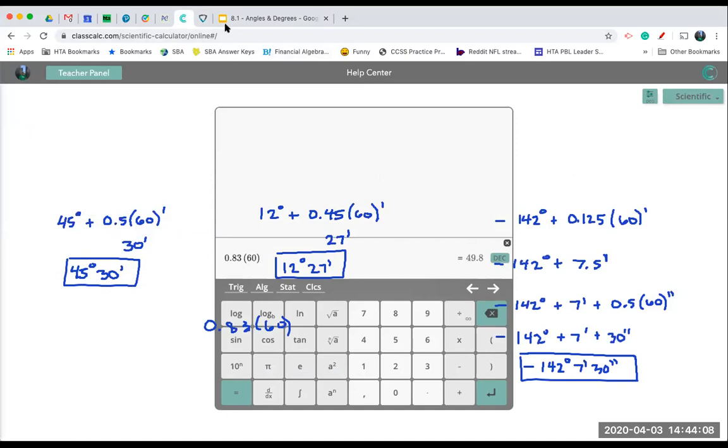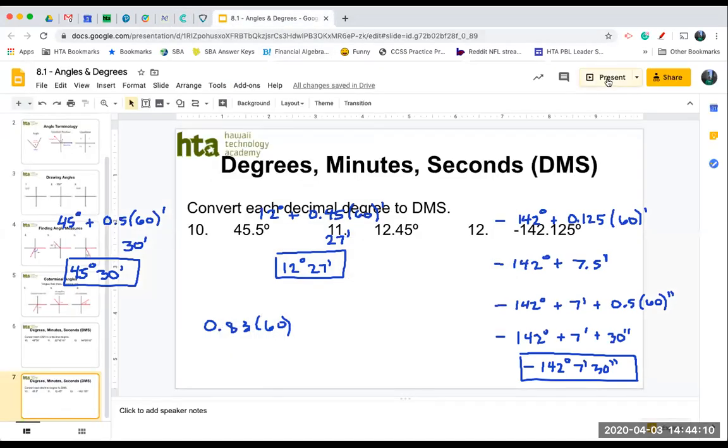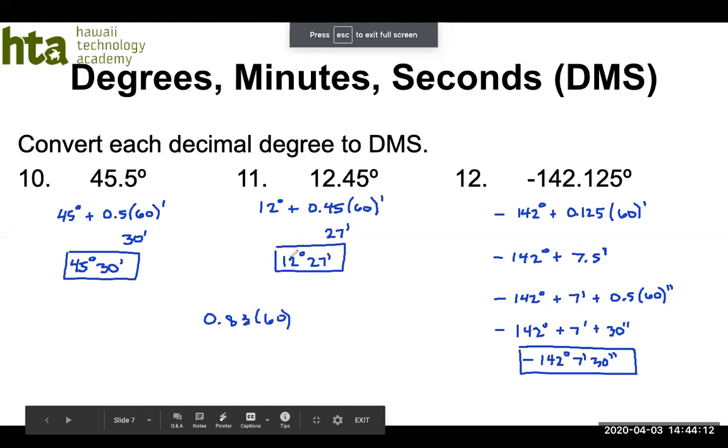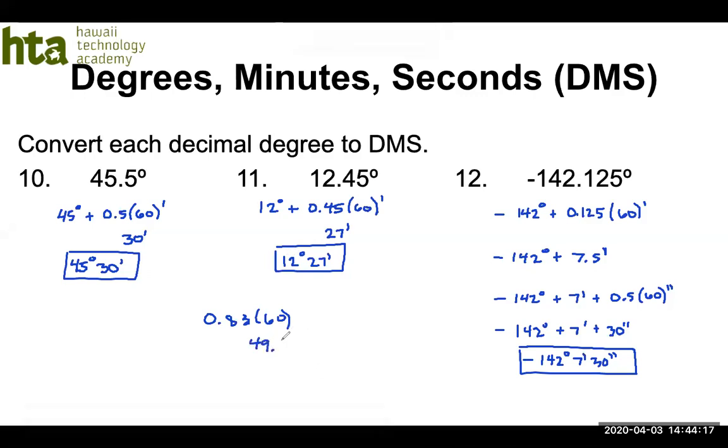That means I would not convert it anymore. I would just leave it in terms of seconds. So let's say it was 28 degrees, 5 minutes, and then I would just write 49.8 seconds. Okay, so if you get a decimal for seconds, you just write the decimal out. It is possible to have that.